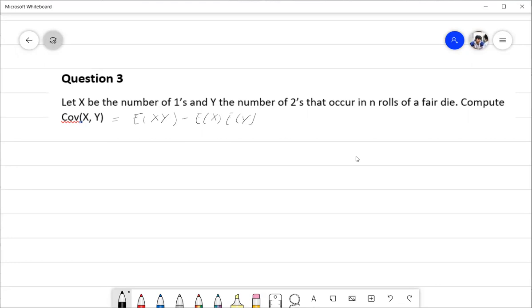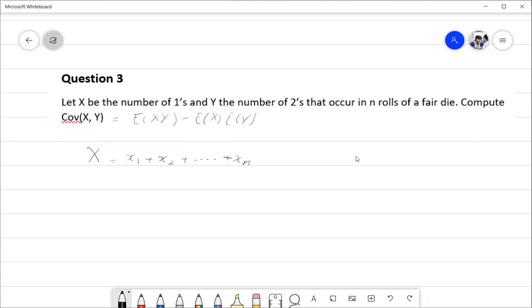Now, how have they defined X? X is basically the number of ones I get in n rolls of the die. So I can define X as X1 plus X2 plus up to Xn, where the small x denotes the result of that particular kth roll of that die.